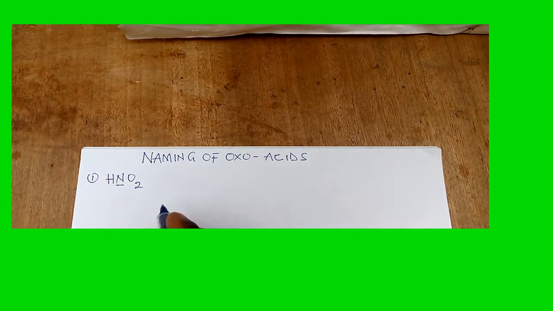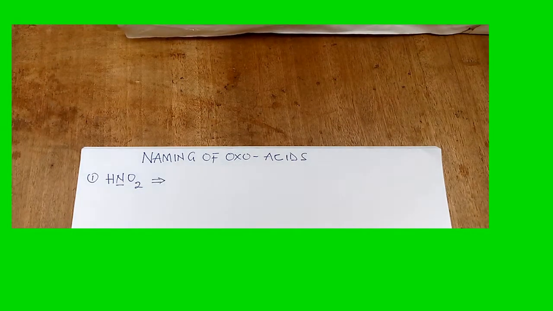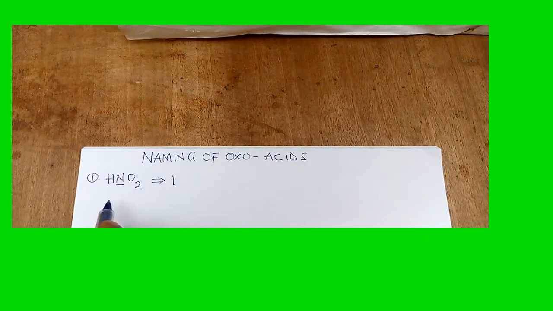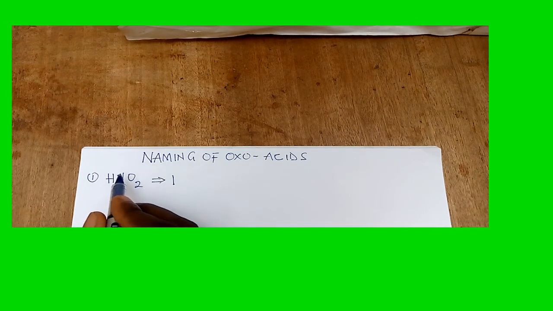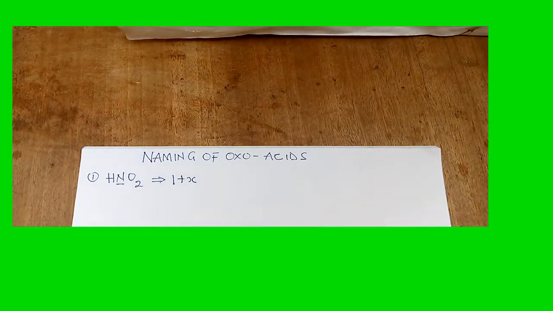So this is how we do it. Because hydrogen has a fixed oxidation number of +1, we write 1 here. And then N, the nitrogen, we are calculating for its oxidation number, so we replace it by a variable, let's say X, so plus X here.